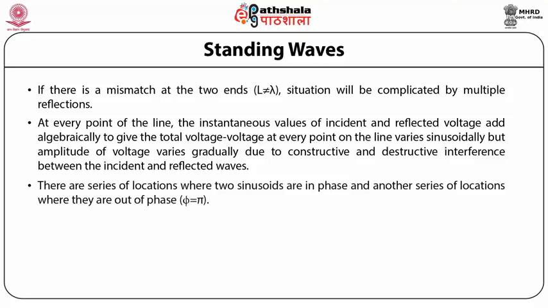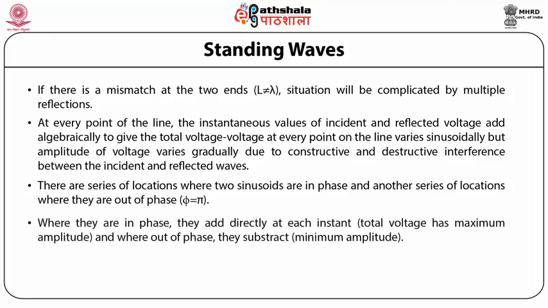So there are a series of locations where two sinusoids are in phase and another series of locations where they are out of phase, phi equal to pi. Where they are in phase, they add directly at each instant, that is, the total voltage has maximum amplitude, and where they are out of phase, they subtract.